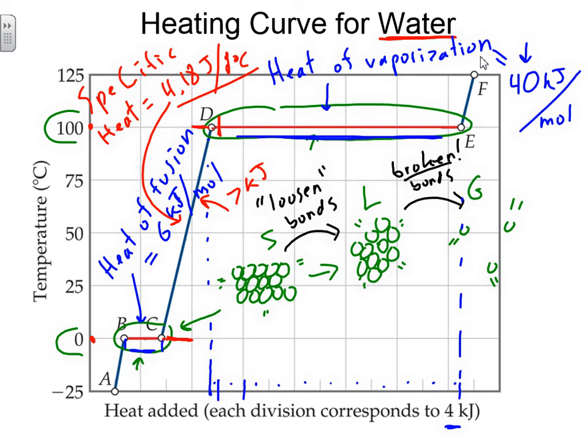Specific heats are usually given in joules, whereas heats of vaporization are given in kilojoules because they're so much bigger. So 7 kilojoules is about 7,000 joules, and divided by 100 degrees, I get 70 joules.